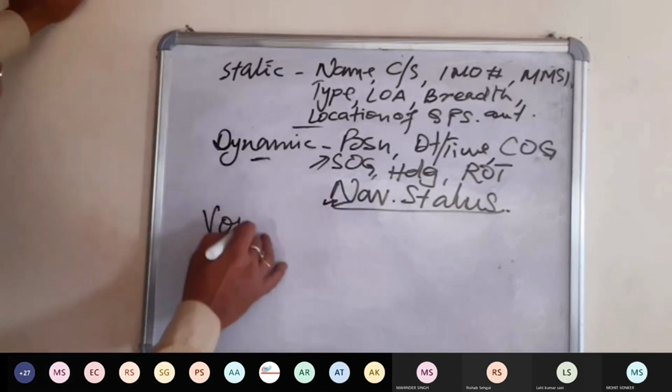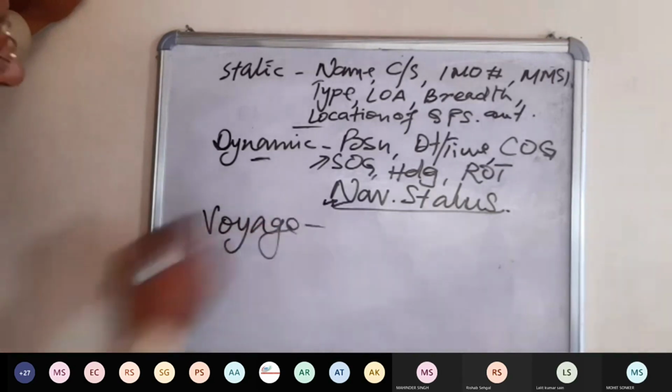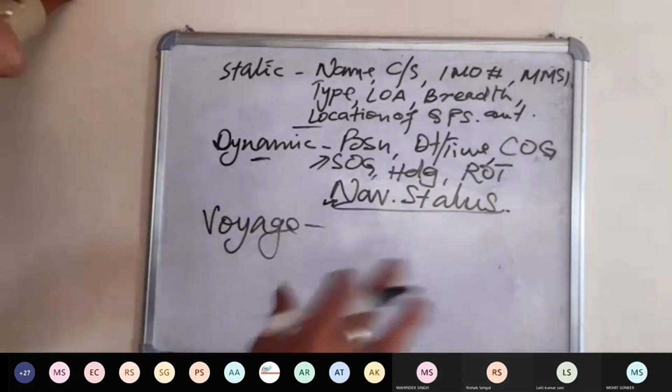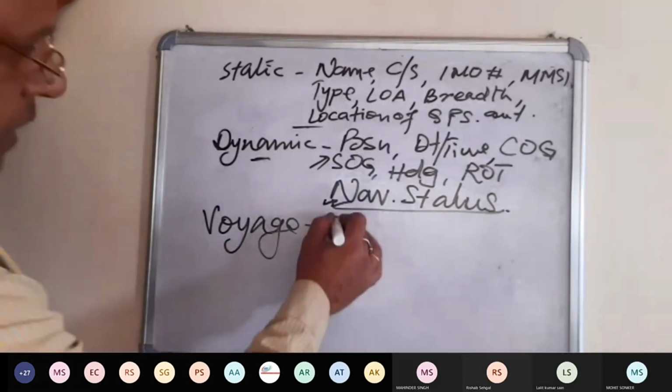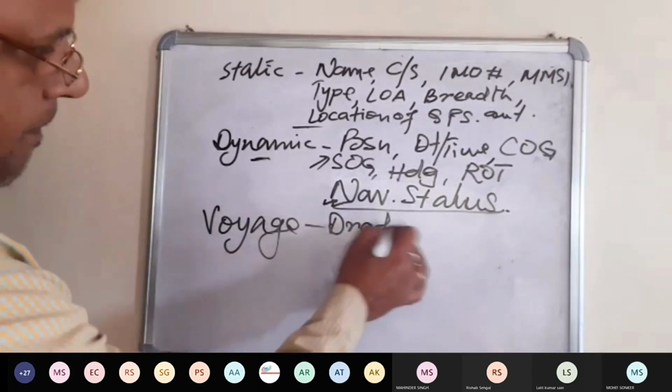Then the voyage related data. This is semi-static. Semi-static means it remains static only for a watch. What will be the information?